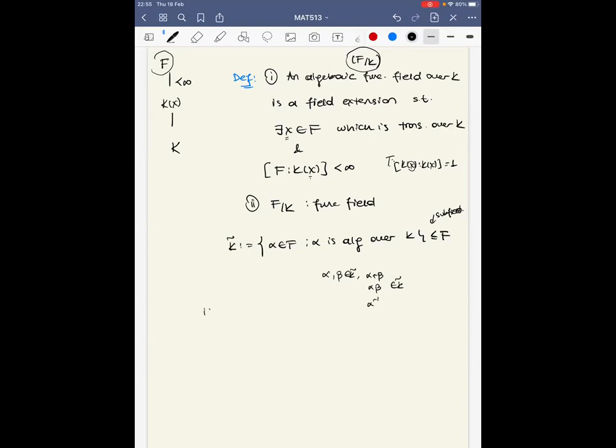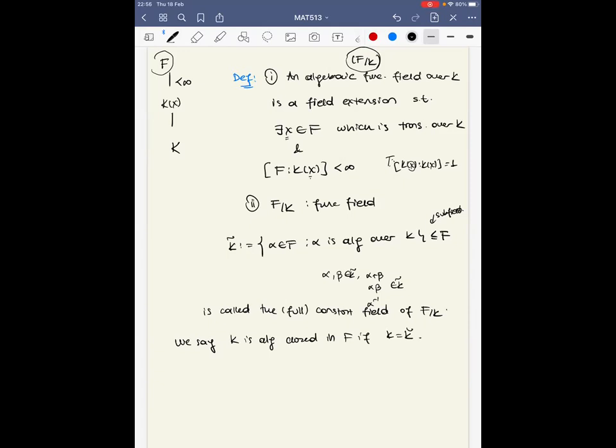And this field is called the full constant field, or simply the constant field, of F over K. And we say K is algebraically closed in F if K is equal to the full constant field.